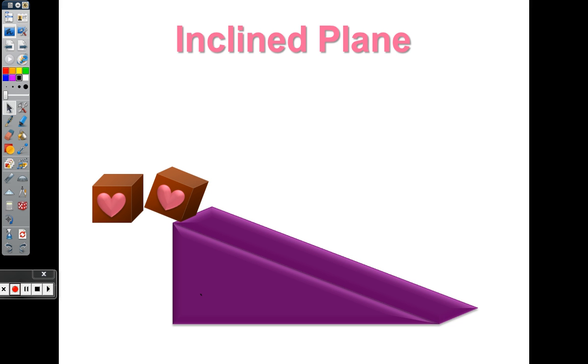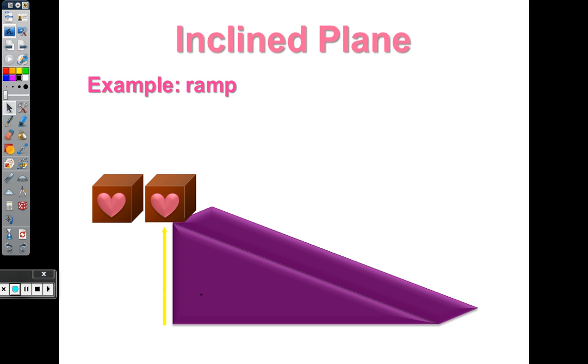Now, what is the inclined plane actually changing? Which variable? The distance. Yeah. Instead of going straight up, which is this distance here, you go a much further distance up the ramp. So this height versus this length, I should say.